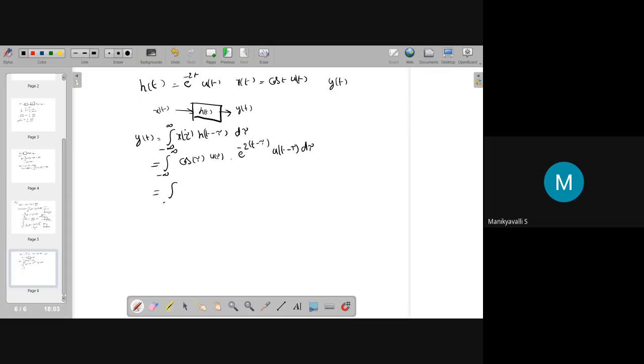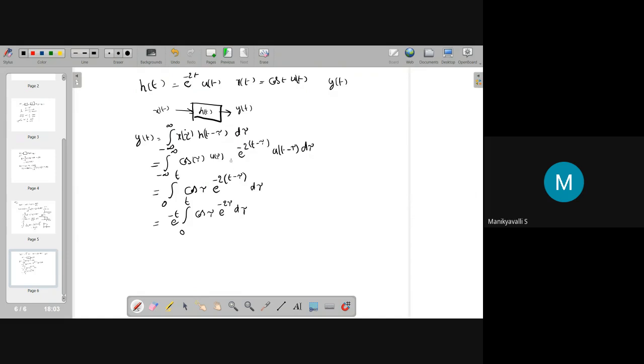So the integral is from 0 to t, and now I am removing the u of tau and u of t minus tau. So you will have cos tau into e to the power of minus 2 into t minus tau d tau. I'm taking out e to the power of minus 2t because it is independent of tau, leaving the integral of cos tau e to the power of 2 tau d tau.